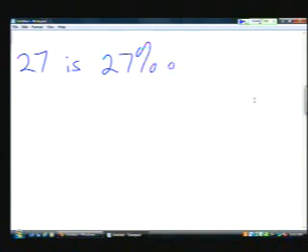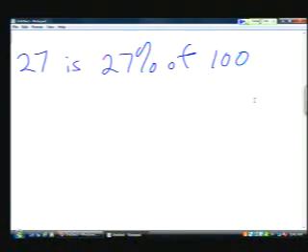Now, one of the things, as far as the language of percent, your author spends a lot of time in this in section 3.2, and I hope you read it carefully, because the language of percent is very important. You see, here's some language: 27 is 27% of 100. Okay?